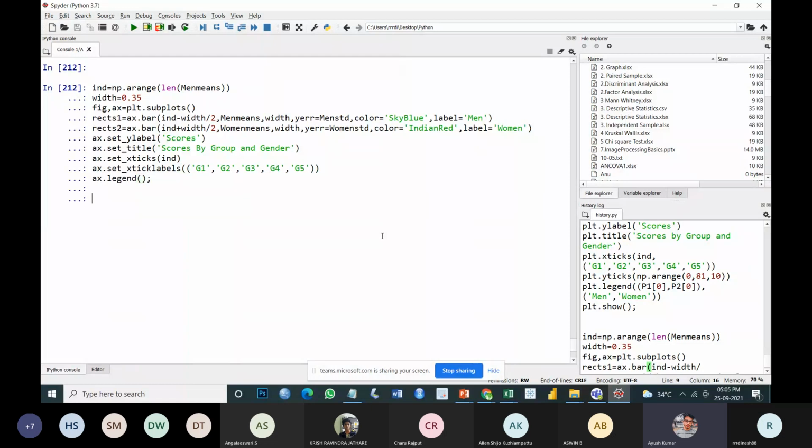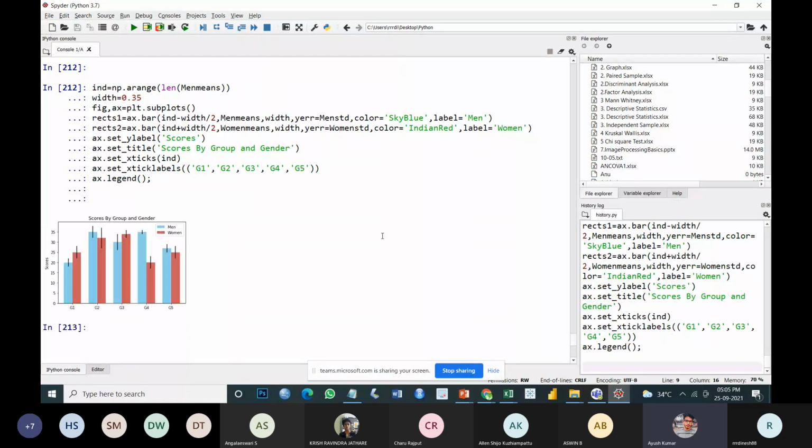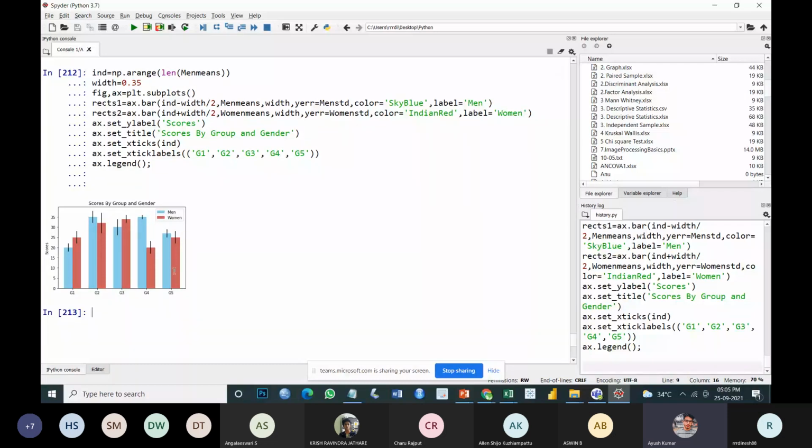Legend. So this is a clustered bar graph. So we can get the clustered bar graph. We can draw one adjacent to another, and we get the clustered one.